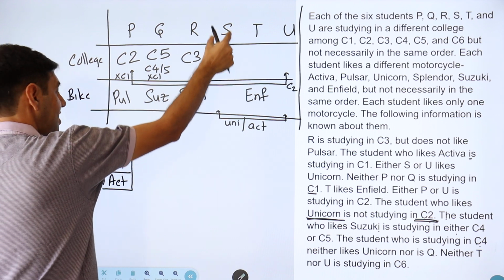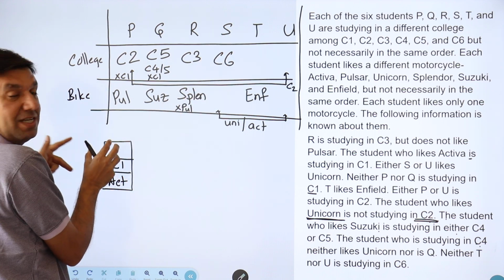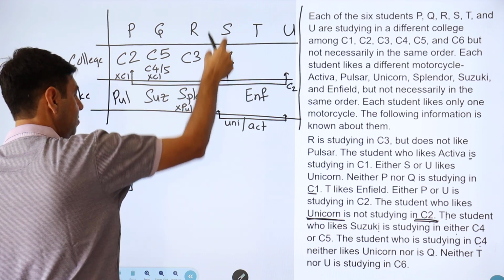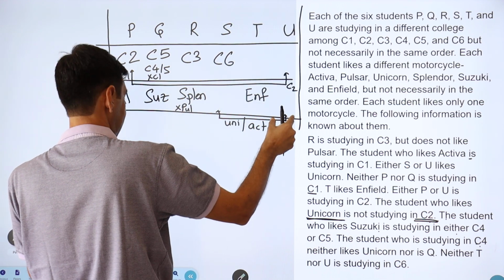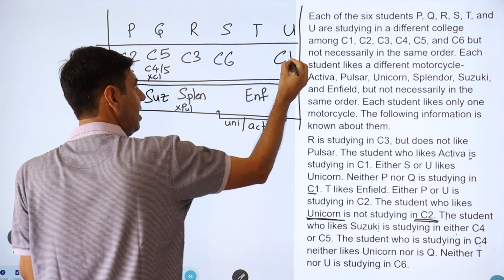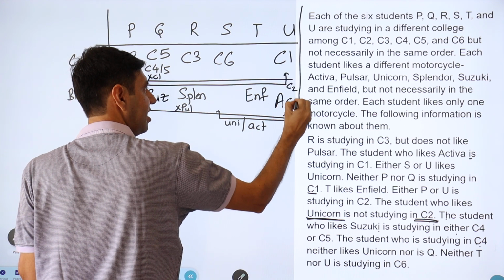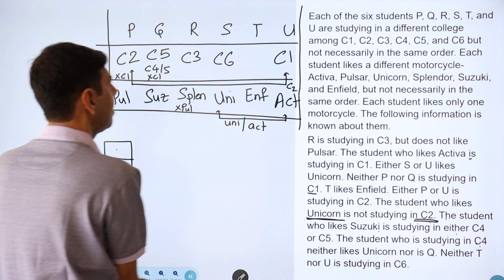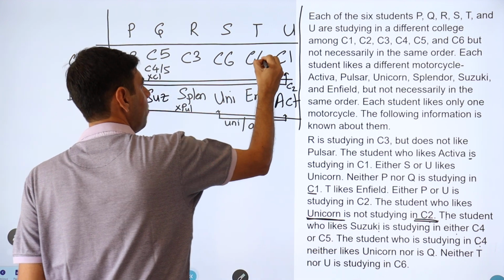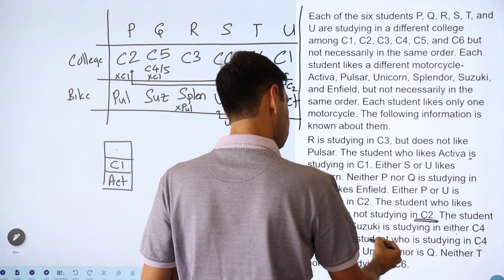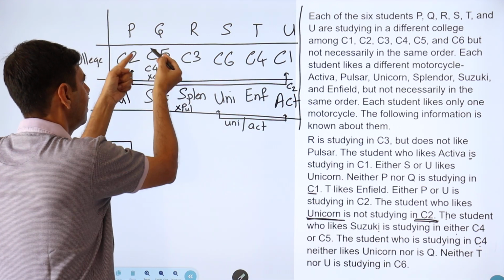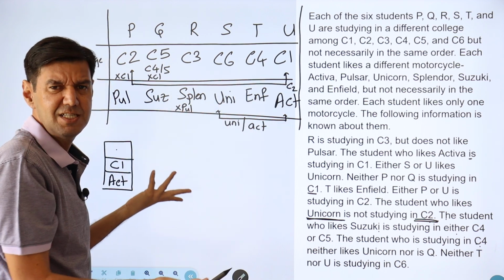And if this is C6, remember this block, I always had this in my mind, this has to be C1, it can't be S here, has to be here. So this is C1, and if that is C1, this is Activa, and if this is Activa, this is Unicorn. So I do not have to worry too much about that. I'll just do a quick check. The student who is studying in C4 neither likes Unicorn, neither is in this. Perfect. So I have my arrangement done.